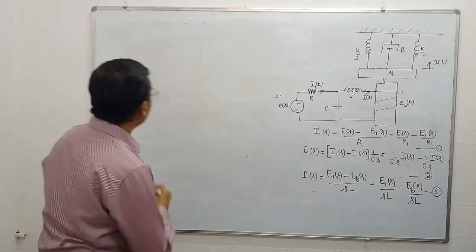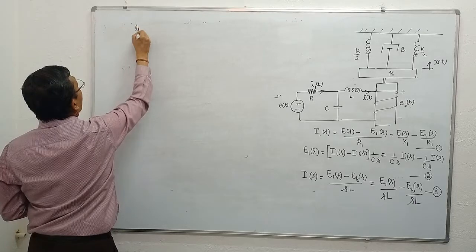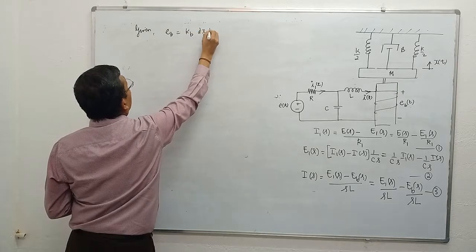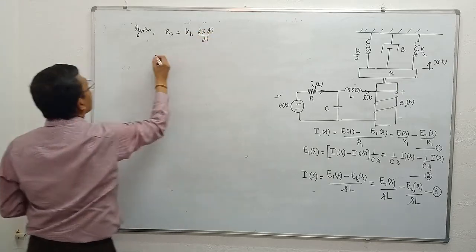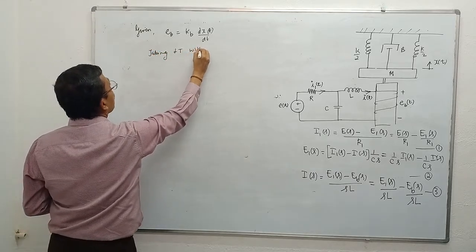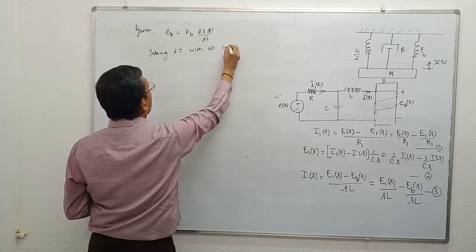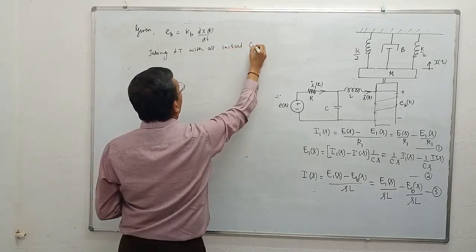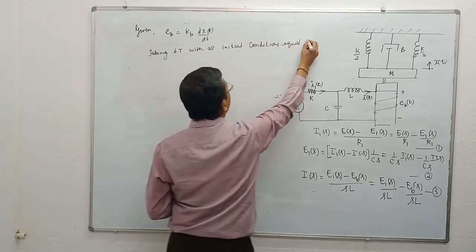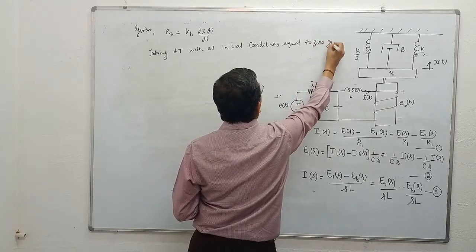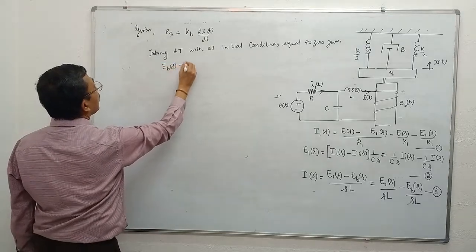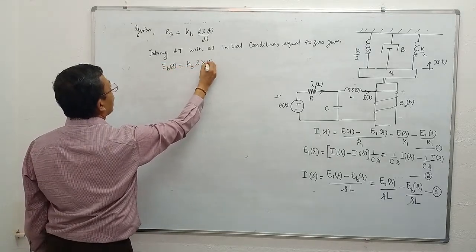As per the problem statement, we are given Eb(t) is equal to kb into dx(t)/dt. Taking the Laplace transform with all initial conditions equal to 0 gives Eb(s) is equal to kb into s into X(s).